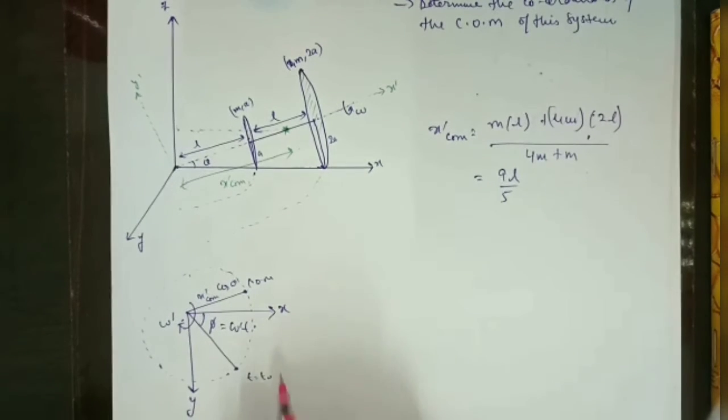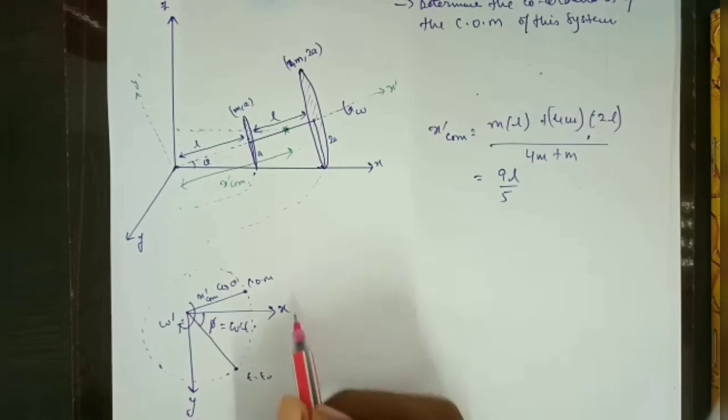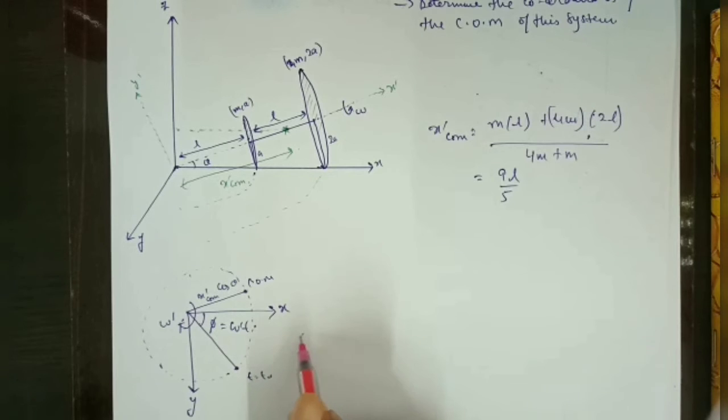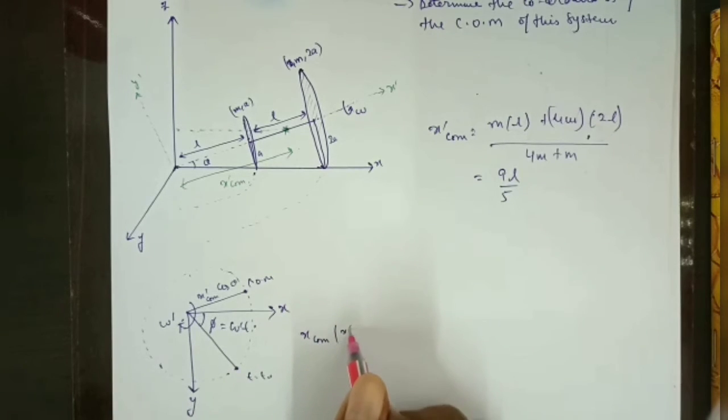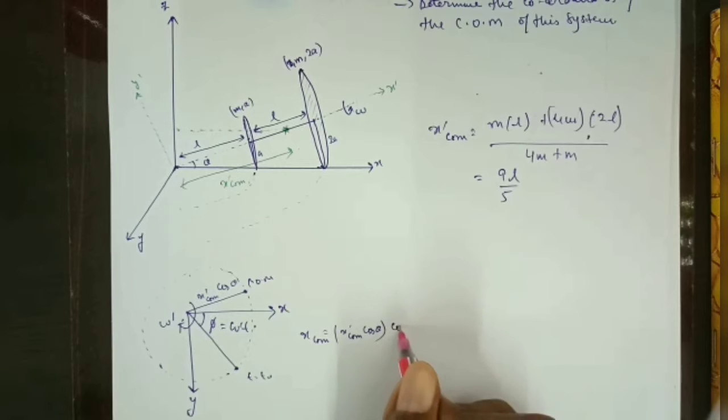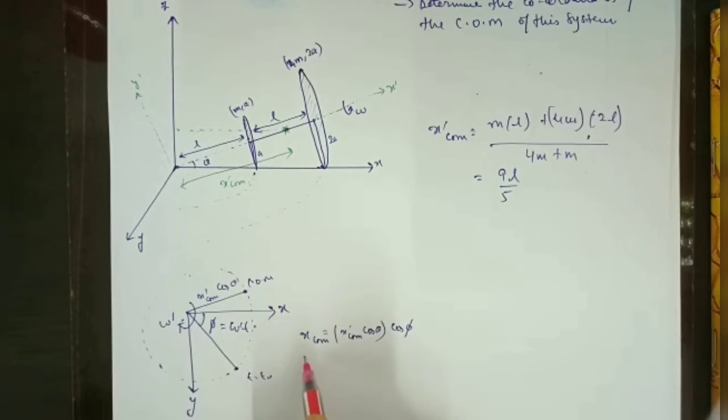So now we can write the x coordinate and y coordinate. The x coordinate will be x prime COM cos theta cos phi, and y COM will be equal to x prime COM cos theta sin phi.